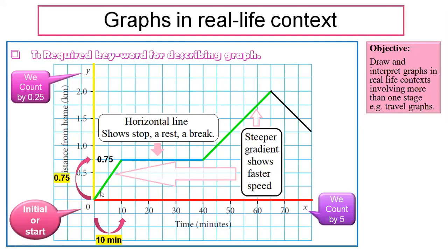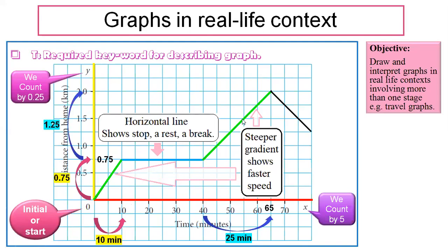Then after moving for 10 minutes, it stopped. For how many minutes? From 10 to 40. After 10 minutes of moving, it stopped up to 40 minutes, which means it stopped for 30 minutes. So this is like 10, 20, 30 minutes not moving.